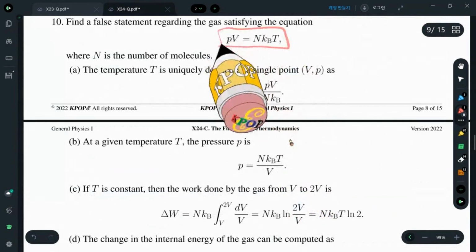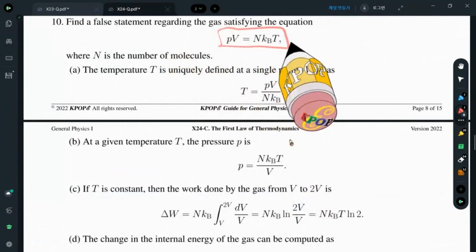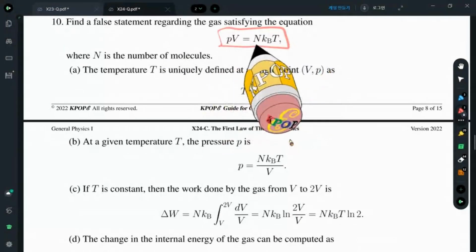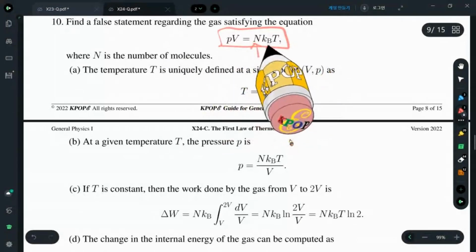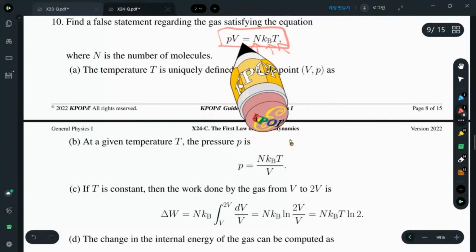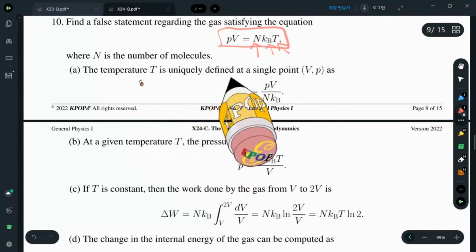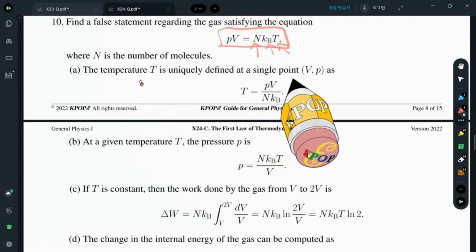Later, we will learn the equation for gas. This is the ideal gas equation: number of molecules, Boltzmann constant, absolute temperature, pressure, volume. Temperature T is uniquely defined at a single point.